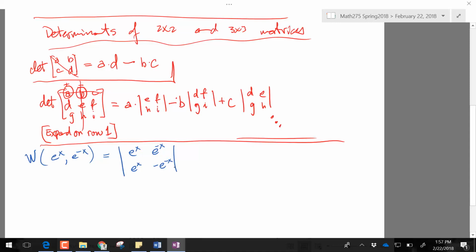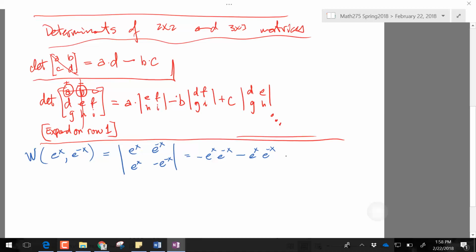And then we take the determinant. So this is e to the x times negative e to the negative x, minus e to the x times e to the negative x.